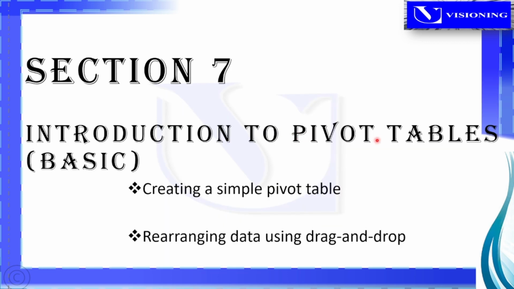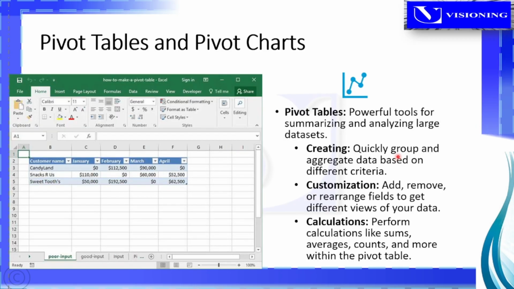Now let's move on to the introduction of pivot tables. So now we are going to create a simple pivot table so that we can rearrange data using the drag and drop box. A pivot table is a powerful tool for summarizing and analyzing large data sets, whereby you can quickly group and aggregate data based on different criteria.